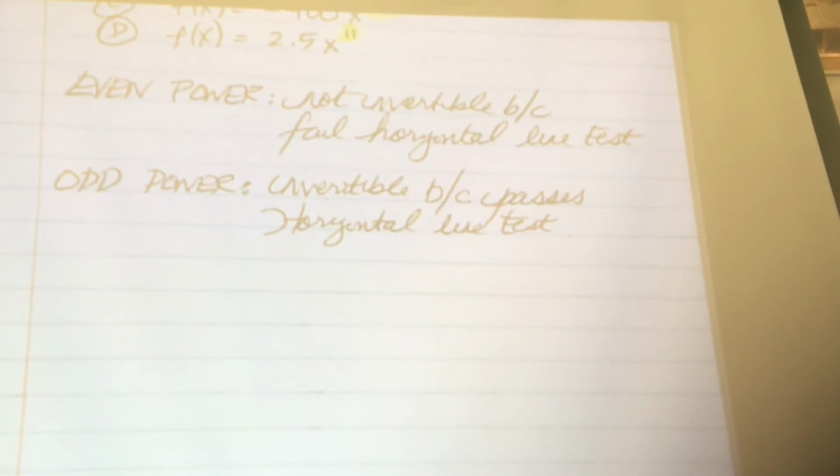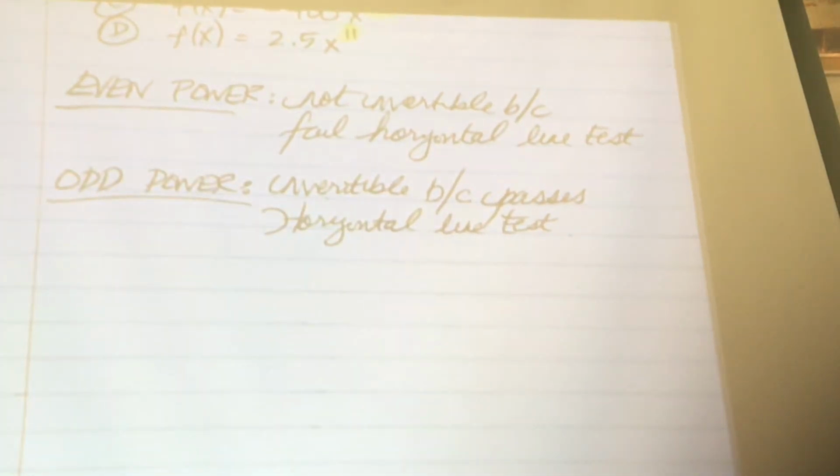That's why you guys are debating me on that. This just decides if it's invertible. Now whether or not the inverse is a function, you do what you just did, which is the horizontal line test. But just looking at the power, you'll be able to tell me if it's invertible. Can you inverse it or not? Not whether the inverse is a function. Is it invertible? You see the difference?